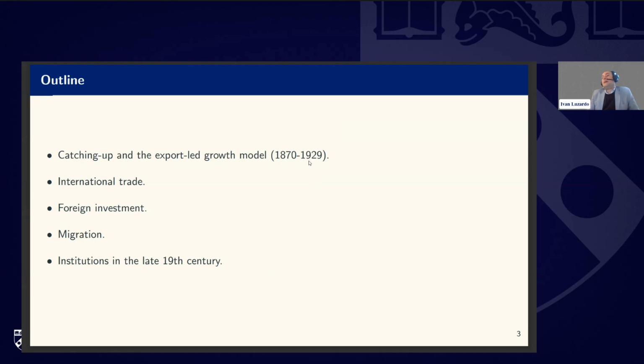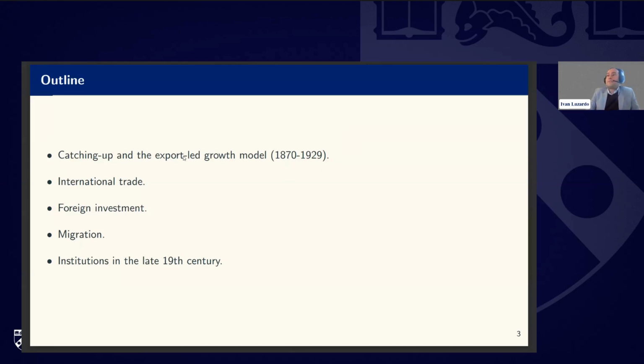Unlike what happened in Western Europe, where we usually assume that the first wave of globalization started in the late 19th century as well, but ended in 1914 with the First World War.